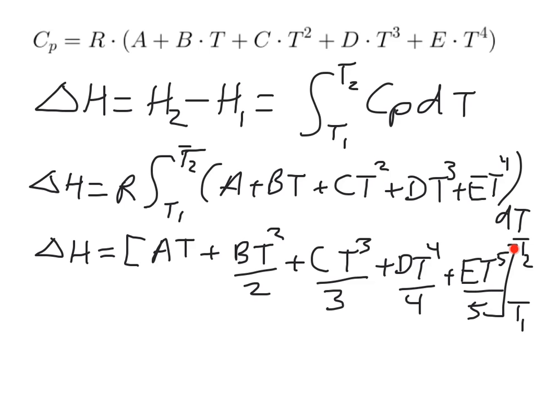We evaluate this expression at T2, and then subtract the same expression using T1 values. A, B, C, D, and E are all tabulated values from the chart at the back of the book. So we just need to plug them in and evaluate between the limits of T2 and T1 to get the change in enthalpy when going from one temperature to the other.